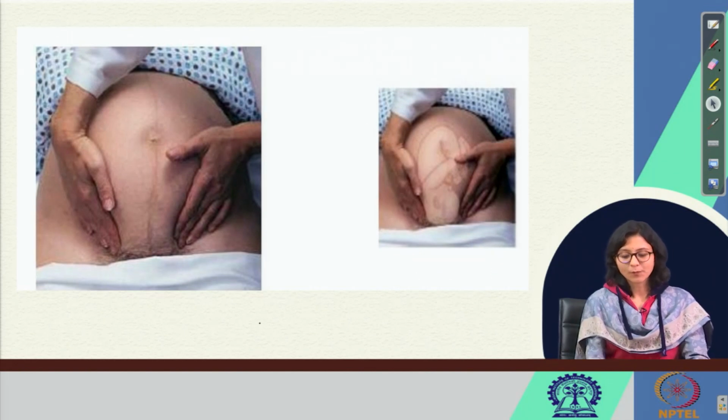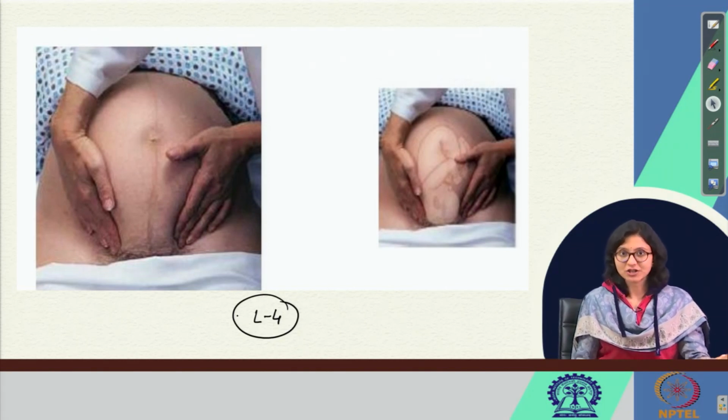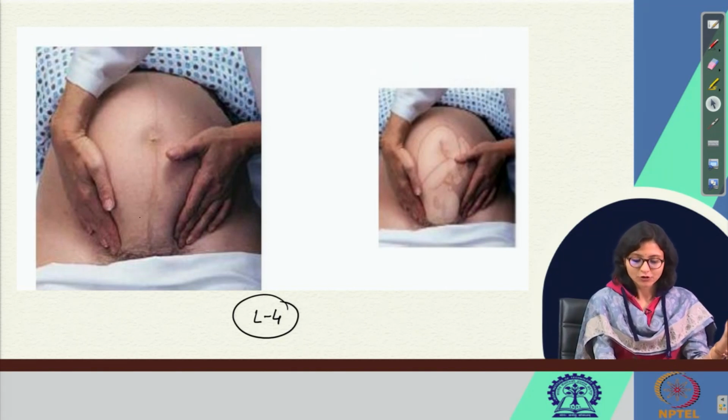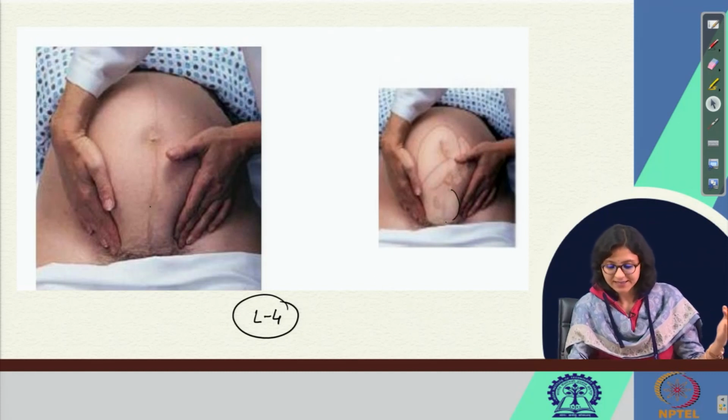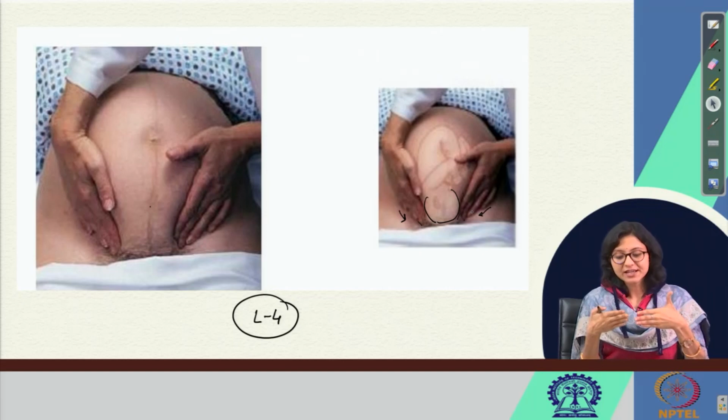And this is the Leopold 4 maneuver, which is nothing but confirmation of Leopold 3, that is regarding the presentation, whether it is the head of the fetus. Here is the head of the fetus, and see, you are going down, down, down, and checking whether the fingers are opposing below the presenting part. If it is opposing, engagement has not taken place.